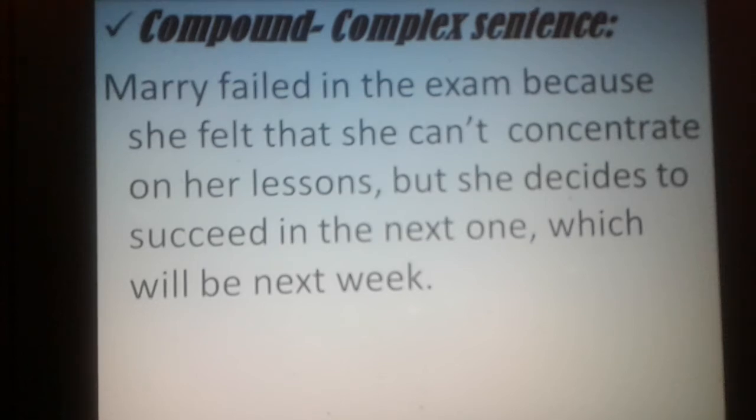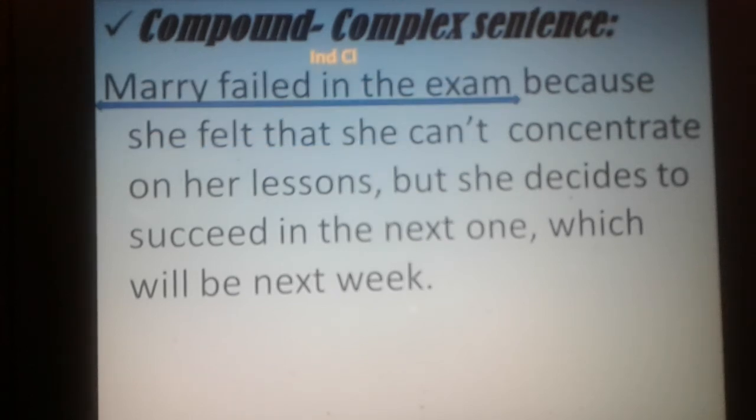So let's continue. Mary failed in the exam because she felt that she can't concentrate on her lesson, but she decides to succeed in the next one, which will be next week. Mary failed in the exam. It's an independent clause.